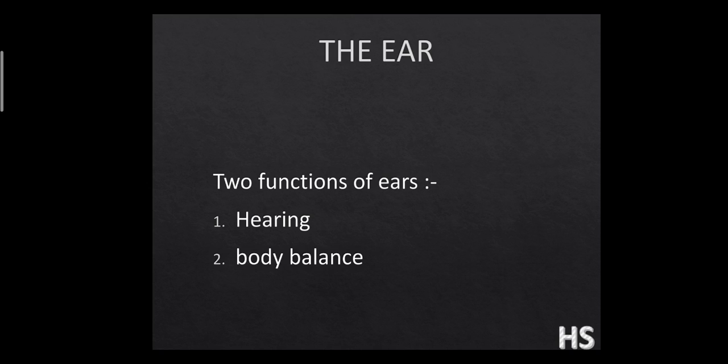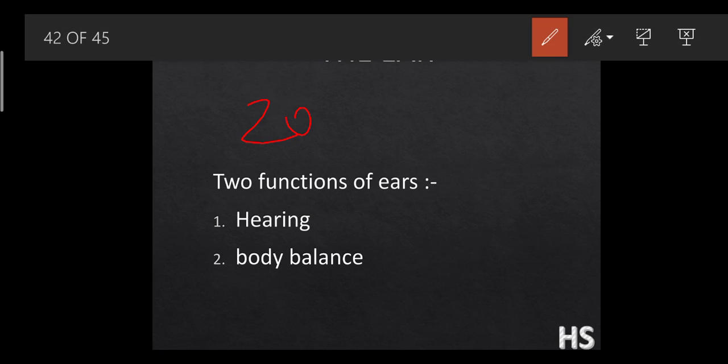Humans, animals, each and every organism in our environment have different capacities of hearing. Our human ear can hear around 20 to 20,000 hertz, but this is too large a range.